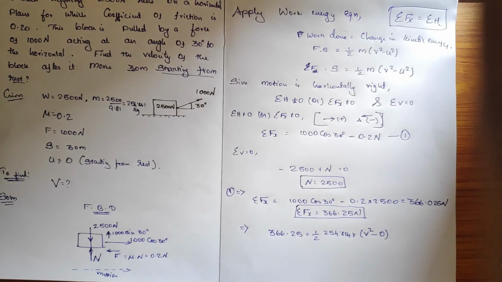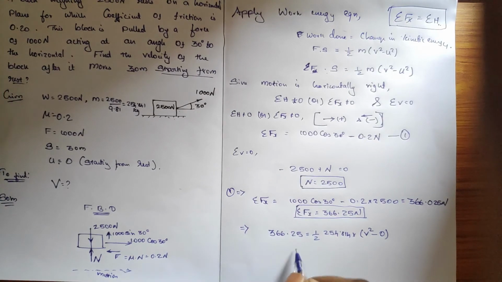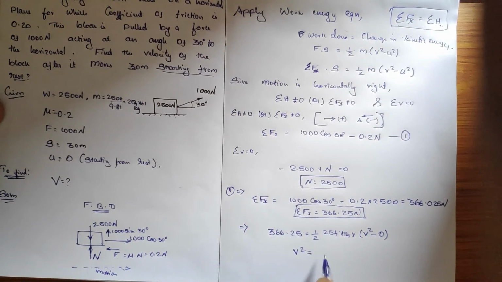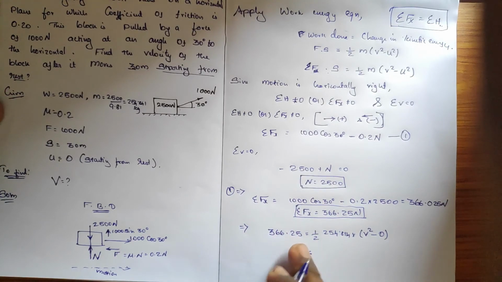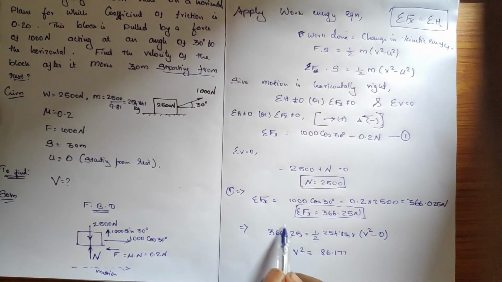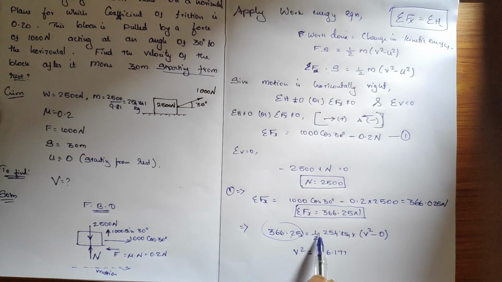If you simplify, v square is equal to 366.25 divided by 1 by 2 into 254.814. If you divide it, you may get the answer as 86.177.